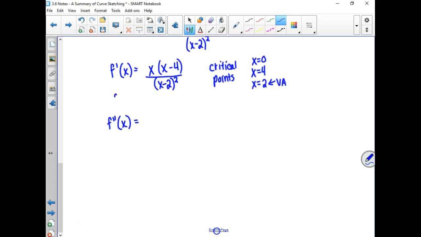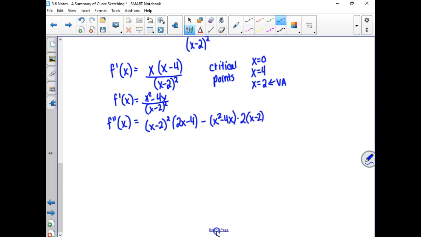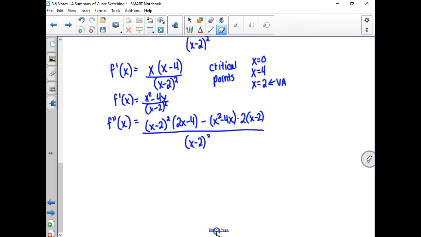It actually probably is going to be easier to do this as x squared minus 4x over x minus 2 squared. I think it's easier to take the derivative if that's distributed there. So we'll have x minus 2 squared times 2x minus 4 minus x squared minus 4x times 2 times x minus 2 times 1 all over x minus 2 squared squared, so that'll be to the 4th power.